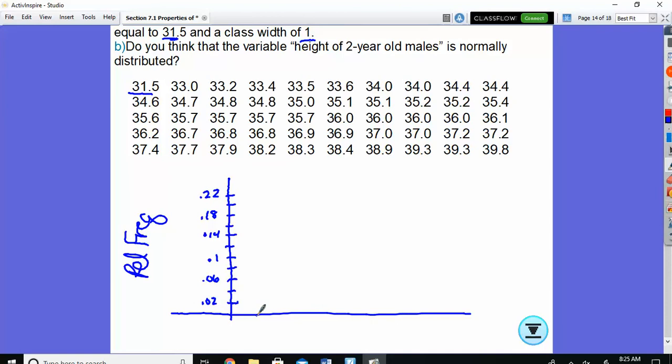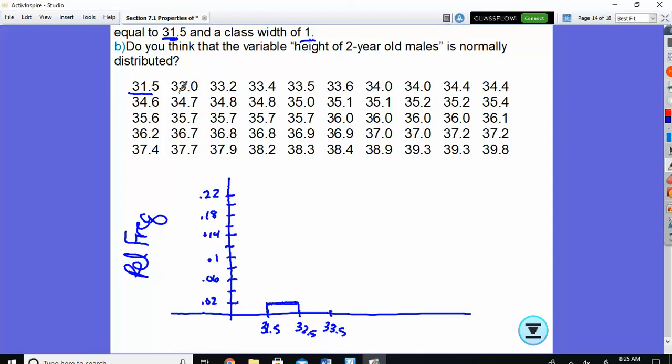So when we draw this, my rectangle would start at 31.5. The next one will be at 32.5, so it would stop here. So it would just look like that. Alright, next one would go from 32.5 to 33.5.